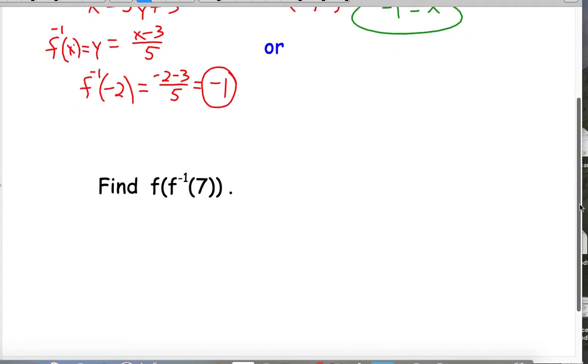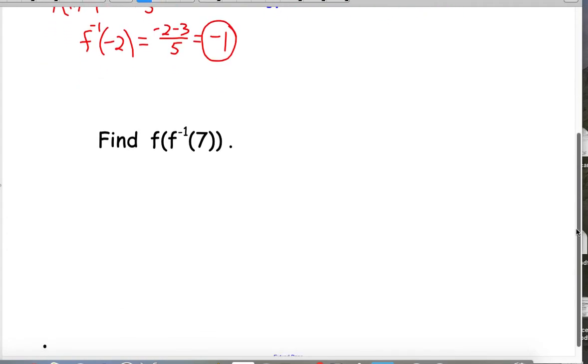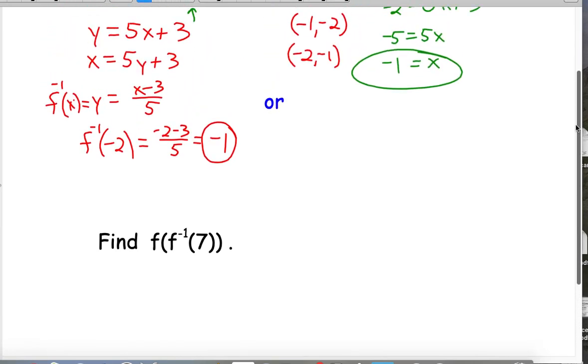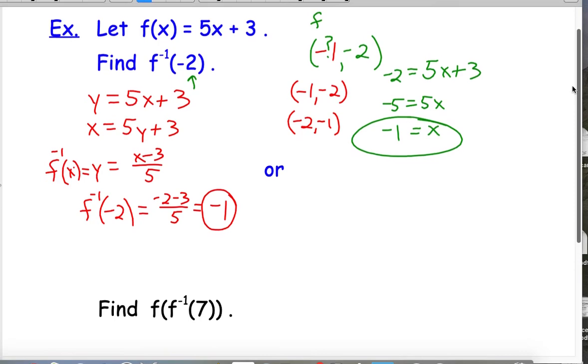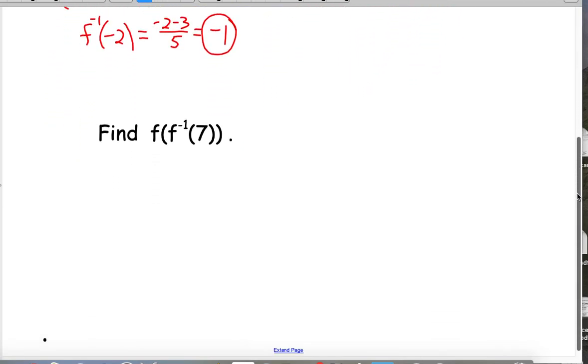Here's one last example. Find f of f inverse of 7. A lot of times this confuses students because they say, well, wait a minute. We're using the same function here, f of x is equal to 5x plus 3.